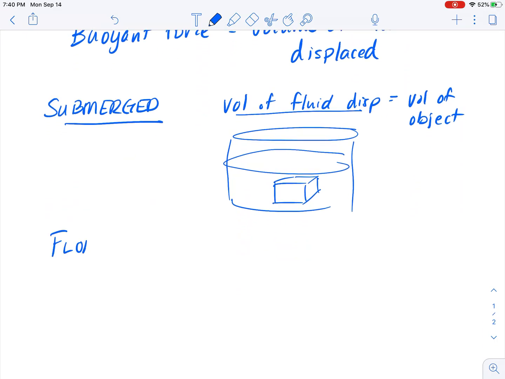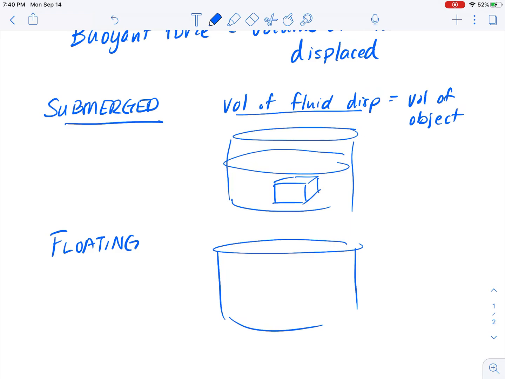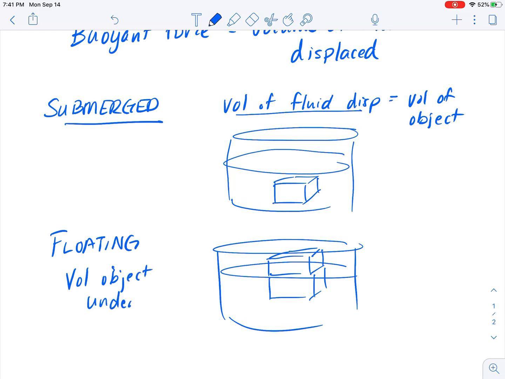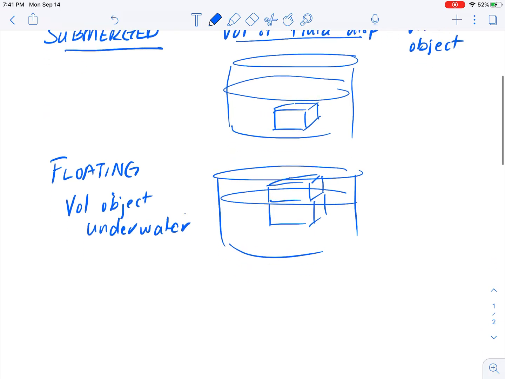For an object that is floating, it's a little bit different, because the object is actually sticking out of the water, and only the volume of the object under the water is equal to the volume of the fluid displaced.